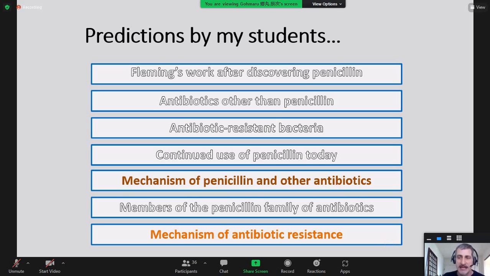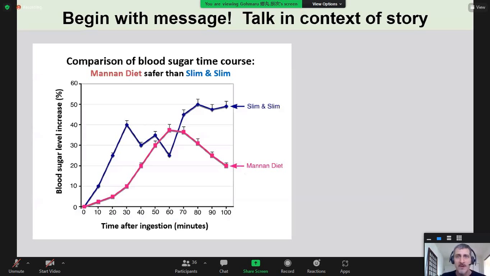So, let's give you an example of an explanation of a graph. And I'd like you to notice, first of all, the design. It includes like a slide title, but for the graph. Many students here will basically put blood sugar level increase over time after ingestion as the title of the graph.